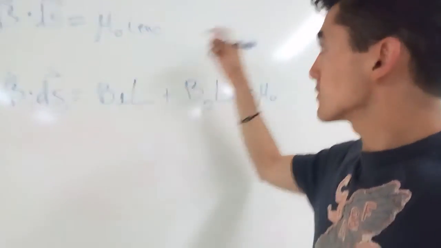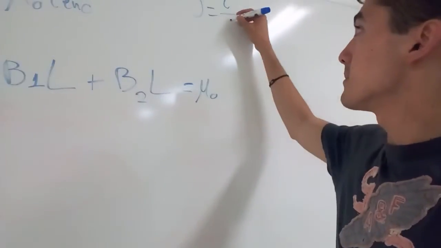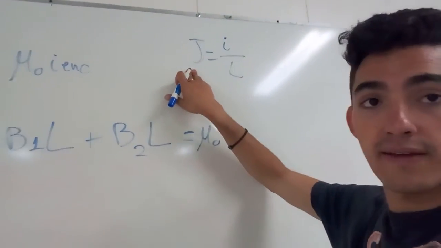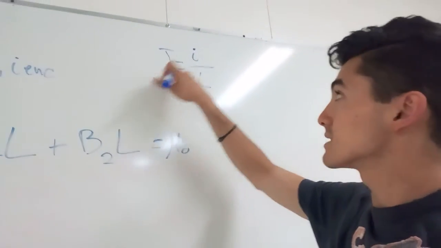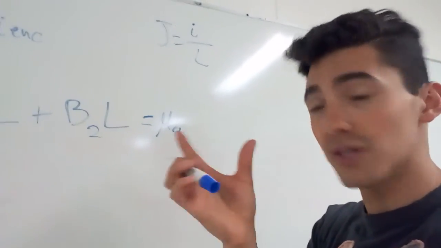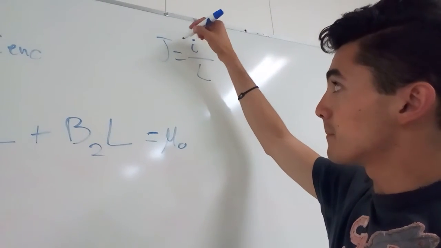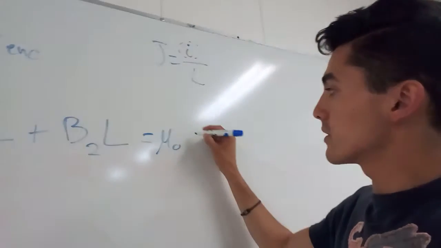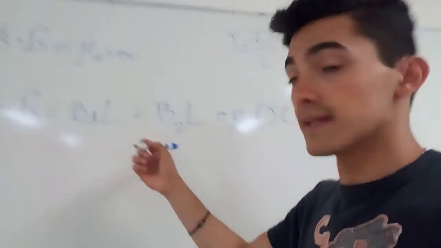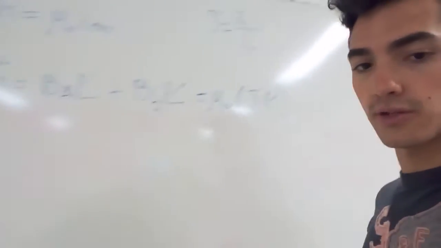But we know that the current enclosed will be established by this formula. As we know that the current density is equal to the current over the length of that specific part we are working with, if we work with the current, we are left here with the current times the length, and as we can see here, the length is cancelled because we have it in all our terms.